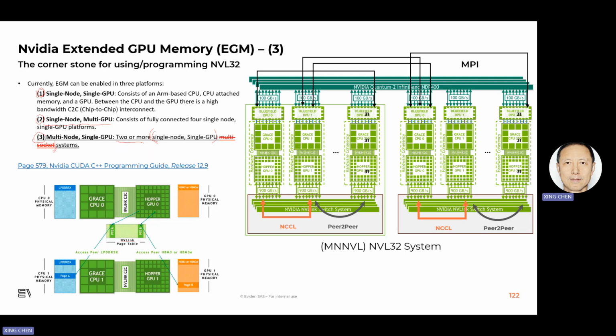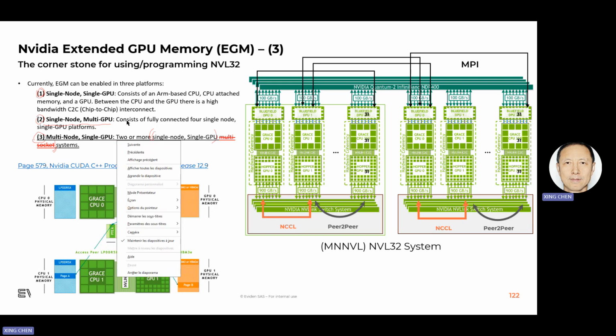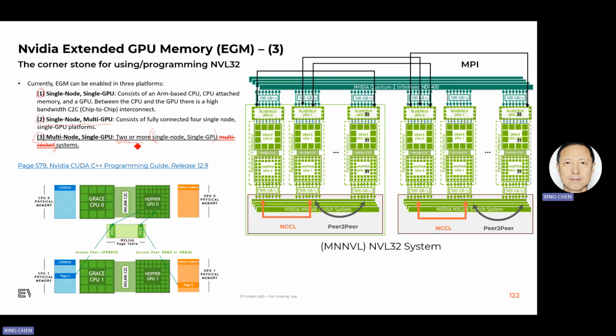That's the system we have discussed in the previous part. For this third system, if I'm correct that there is an error here, we can understand that the third type system is two or more single node, single GPU systems. That means you have two or more Type 1 systems. This is the third type system, and then everything could be explained.